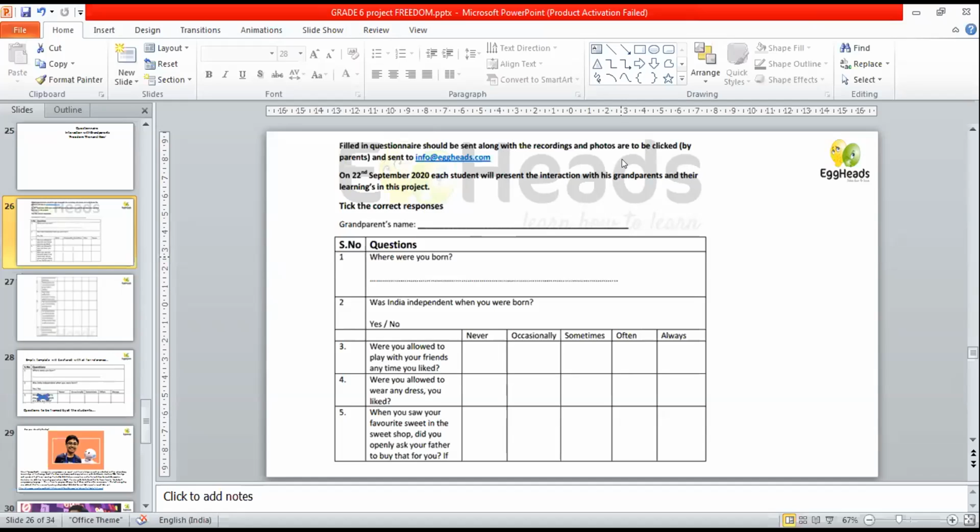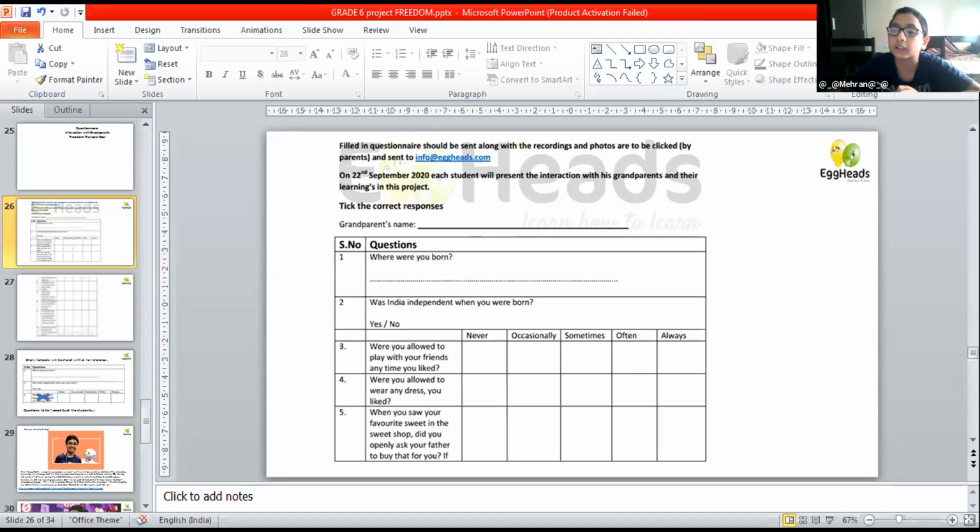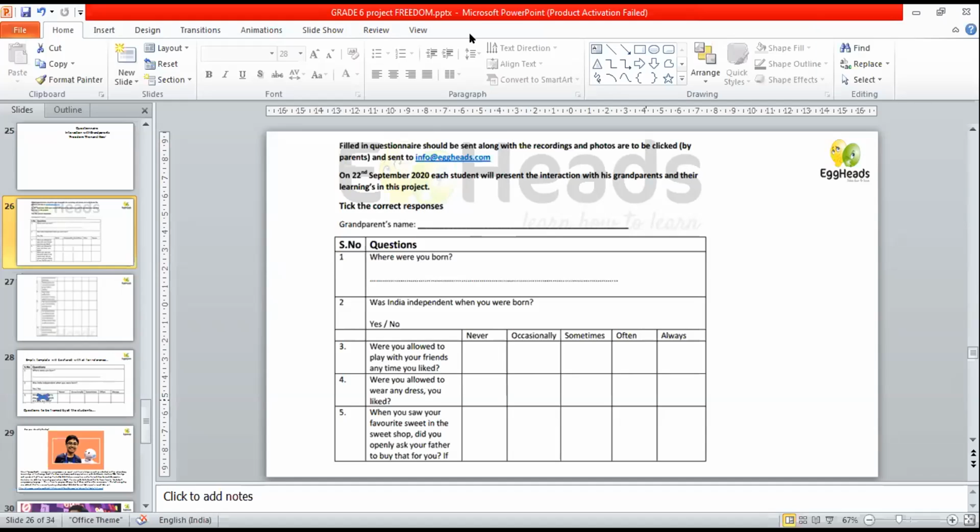I'm giving access to Mehran, okay? Ma'am, I can't share the screen while you are also sharing the screen. I'm going to give you the access so you can share now, okay? Am I sounding clear, Mehran? Yes, ma'am. I'm giving you the access of sharing the screen. So you're going to teach her how to do it, okay?